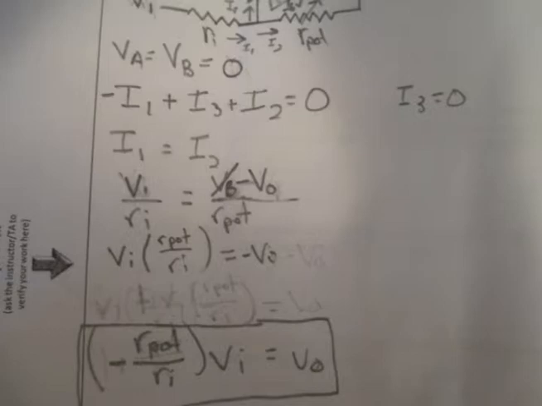Since this is assumed to be an ideal op-amp, no current runs through the op-amp, meaning I3 is 0, hence I1 equals I2. With this info, we can find that VI over RI is equal to negative VO over R potentiometer. This equation comes out to input voltage times gain equals output voltage.